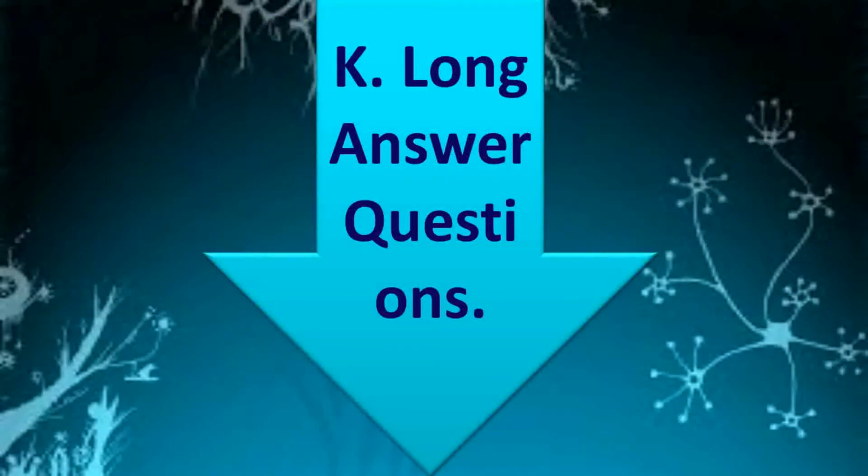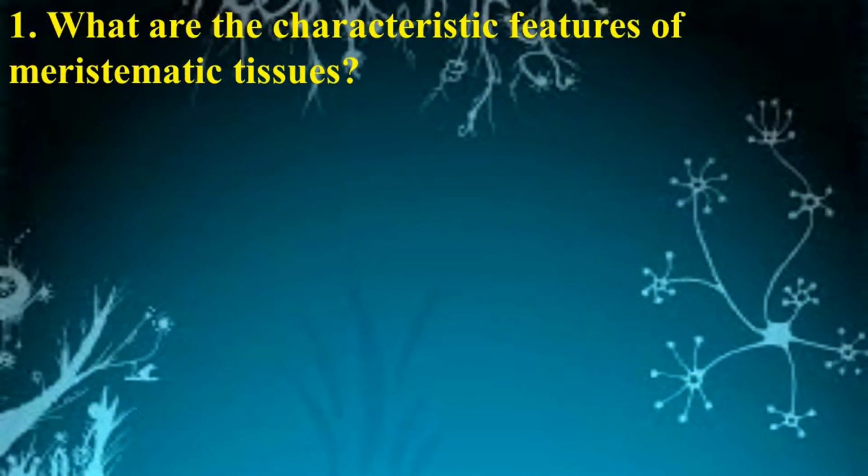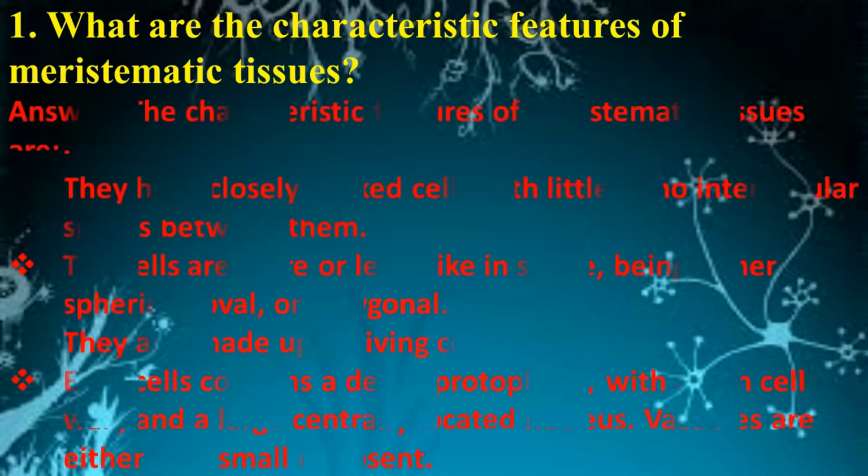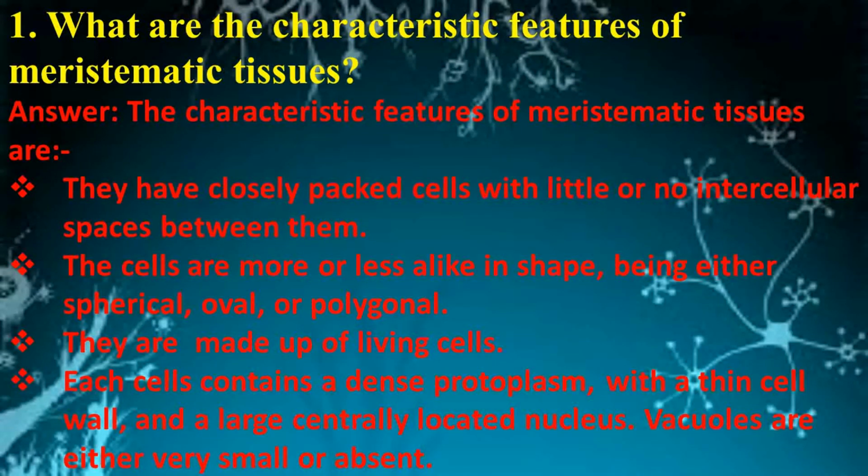Next question. Long answer questions. What are the characteristic features of meristematic tissues? The answer is: the characteristic features of meristematic tissues are they have closely packed cells with little or no intercellular space between them.